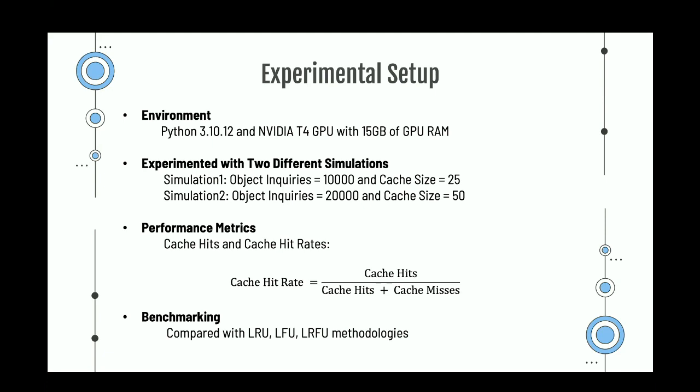The performance metrics were cache hits and cache hit rates. The cache hit rate gave us more information on what number of cache accesses lead to cache hits, and we compared our machine learning content caching policy with LRU, LFU, and LRFU.